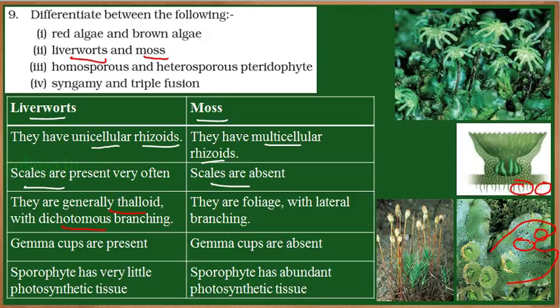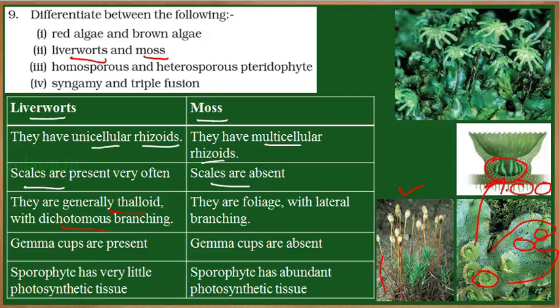This kind of thalloid plant body and two divisions is found in liverworts, but this is absent in case of a moss. Here these plants grow laterally, and they have got many branches. So we cannot see the thalloid plant body over here. And these are the gemma cups. So this part.